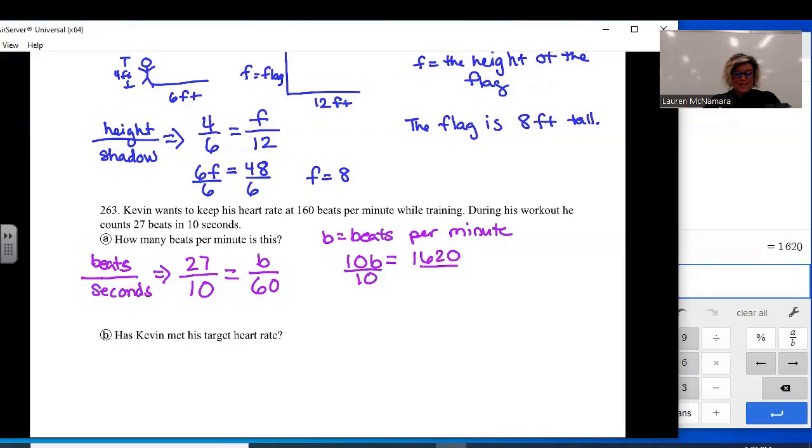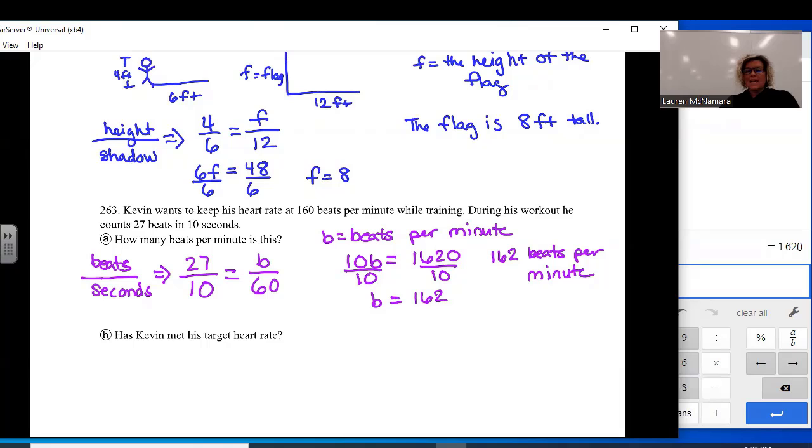Divide both sides by 10. So I have B is 162. So for what he was measuring, he has 162 beats per minute.